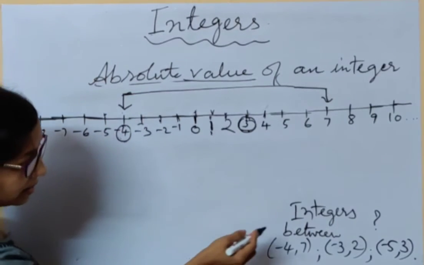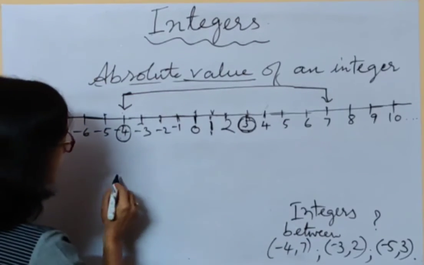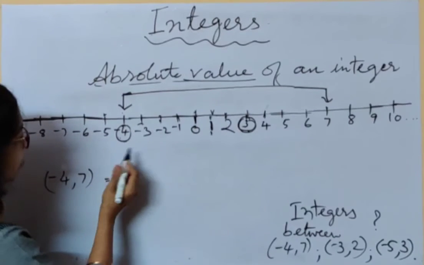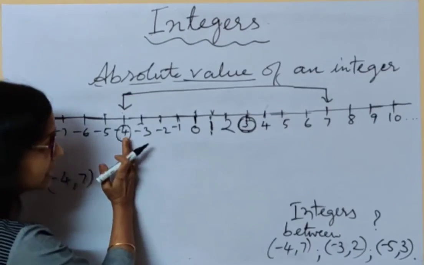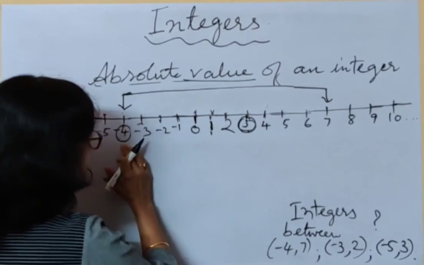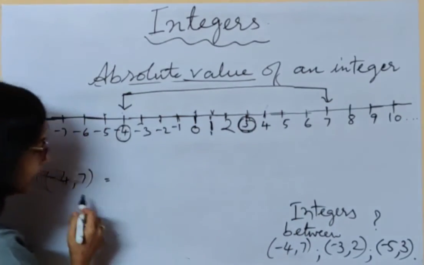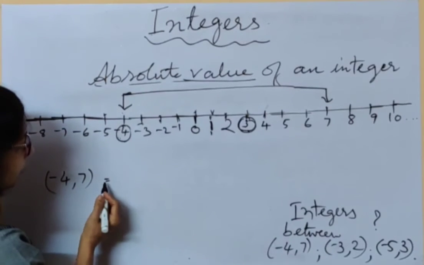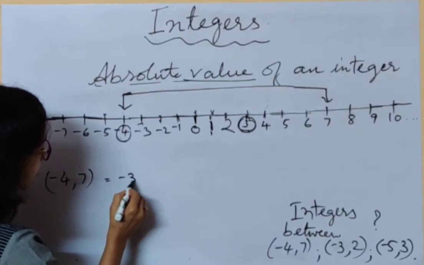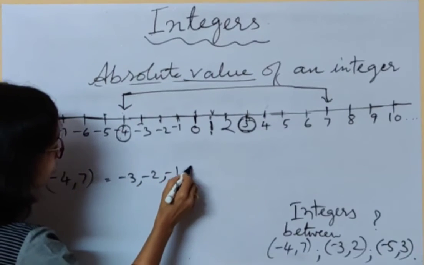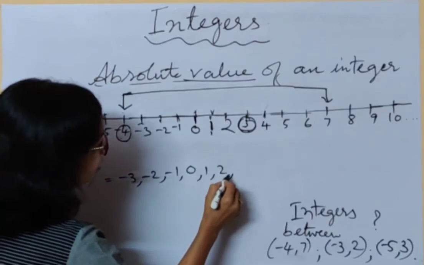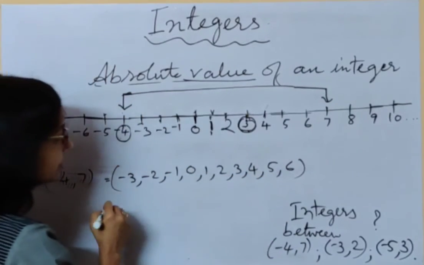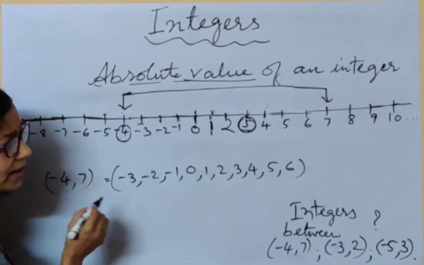What are the integers between minus 4 and 7? Between means we have to leave out the last numbers on both sides, that is minus 4 and 7, and write all the numbers in between. So after minus 4 we get minus 3, minus 2, minus 1, 0, 1, 2, 3, 4, 5, 6. These are the numbers between minus 4 and 7.